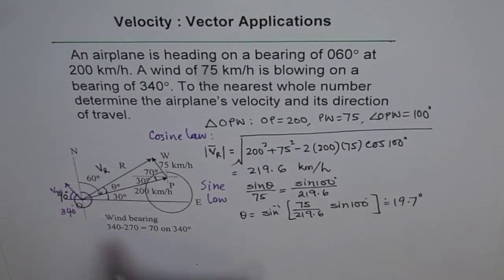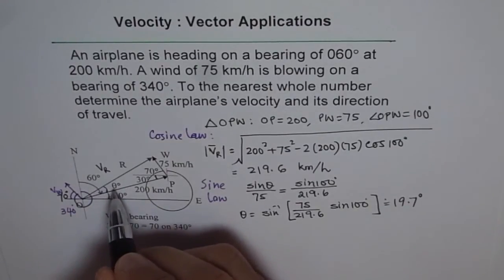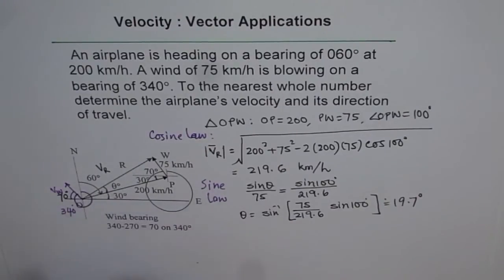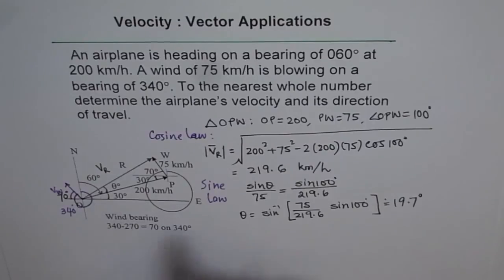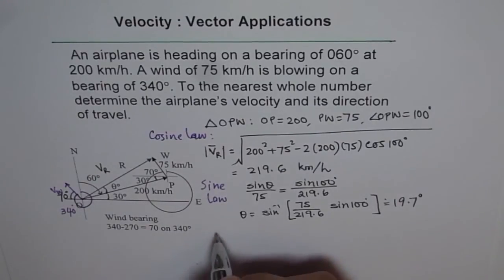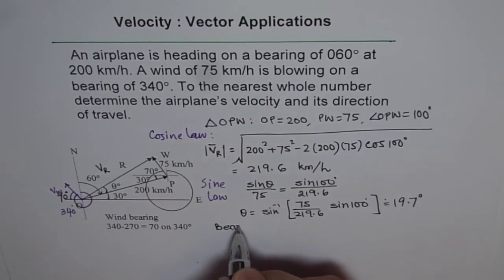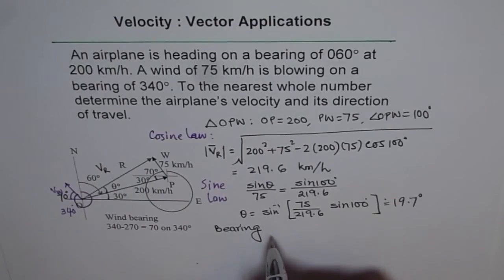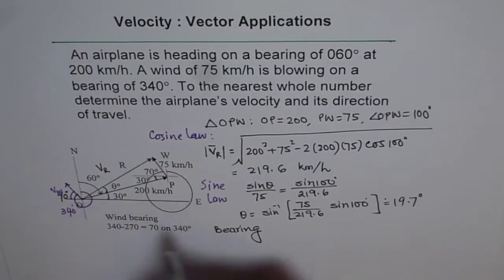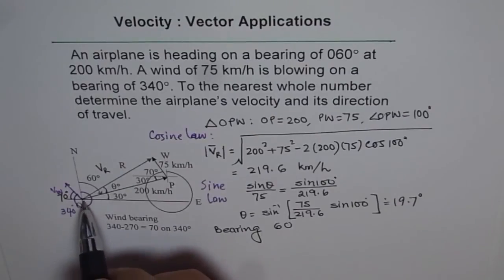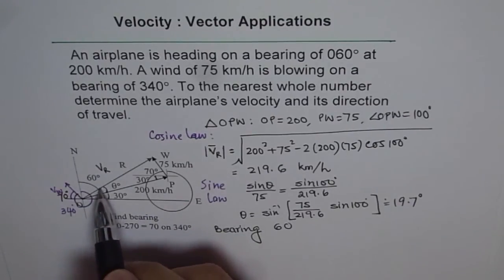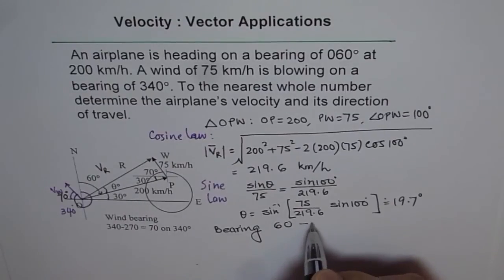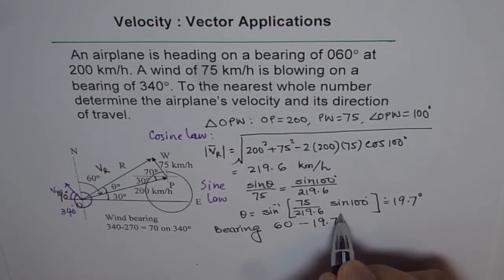Now if this theta is 19.7 degrees, then how much angle does VR make with the north? So from the north, it is 60 minus 19.7, right? So we say the bearing is 60, because the plane's velocity was 60 from north, minus theta, 19.7 degrees, right?